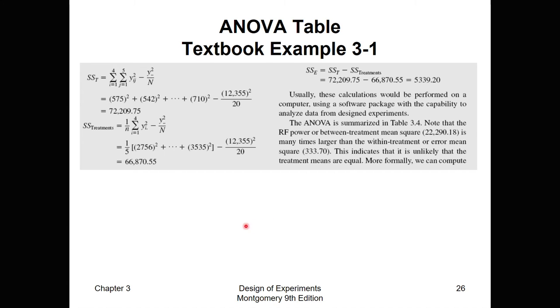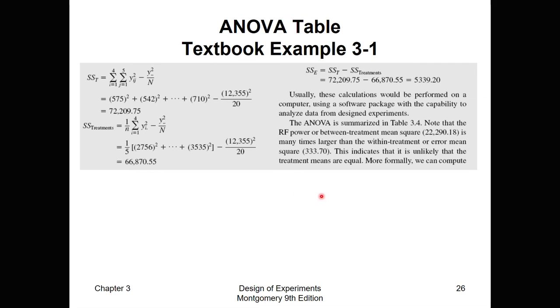So my degrees of freedom for the error is 16. And then my total degrees of freedom, you can just sum these two degrees of freedom. So I've got 3 plus 16. Total degrees of freedom is 19. And again, that's capital N minus 1. So if I had 20 total wafers in my study, or 20 total coupons, then 20 minus 1 is going to give me 19 as my total degrees of freedom.